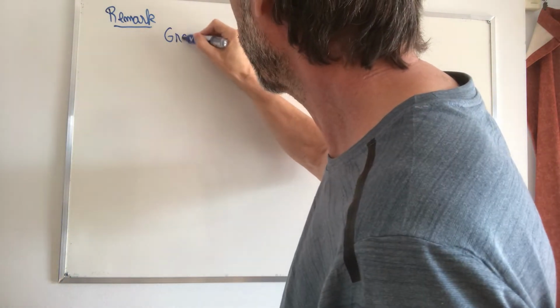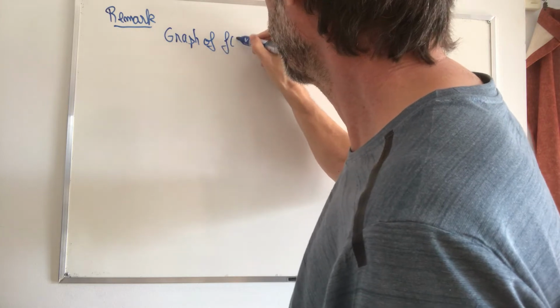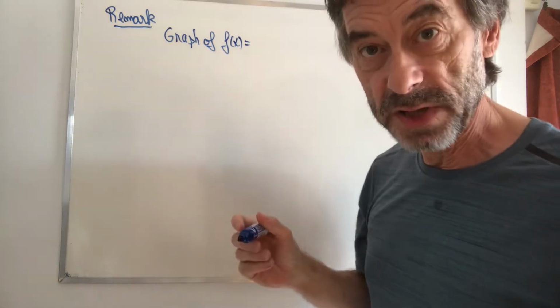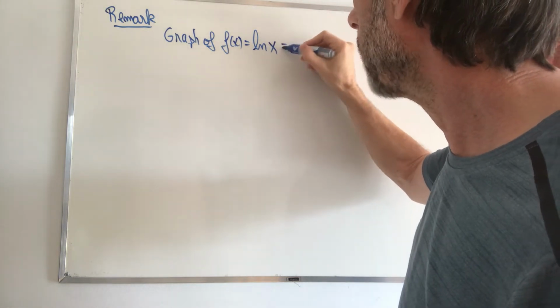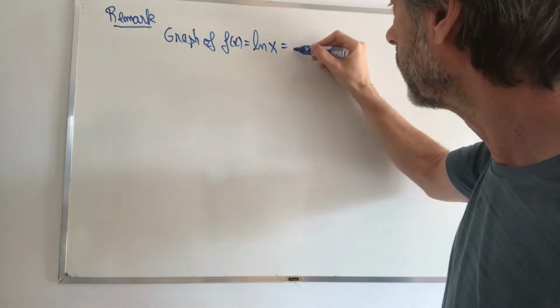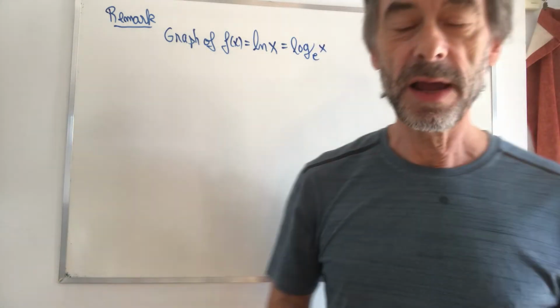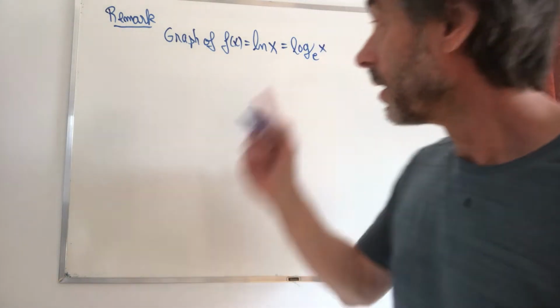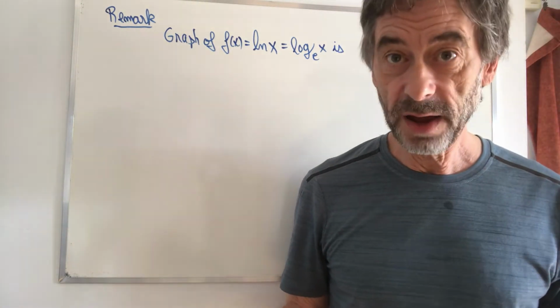So the graph of f of x equals ln x, which you may remember as log base e. You know this, but it's never wrong to actually emphasize, is extremely similar to the graph of log base 2.